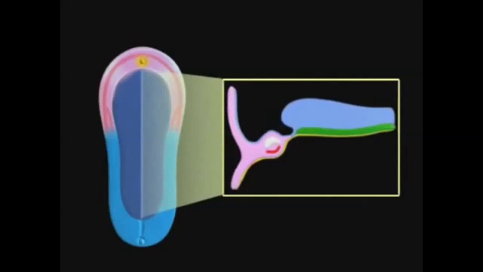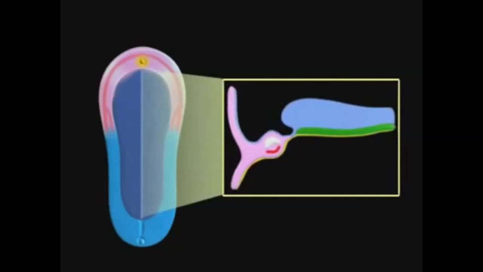So I promised that there is a three-layered disc. Really, this blue color is the color of ectoderm.